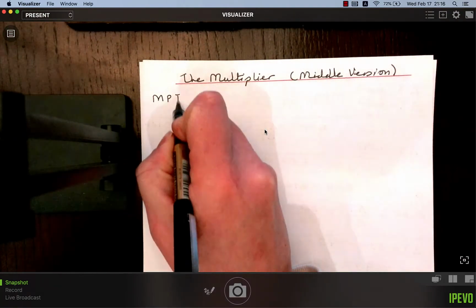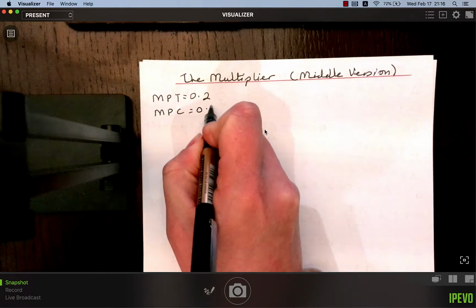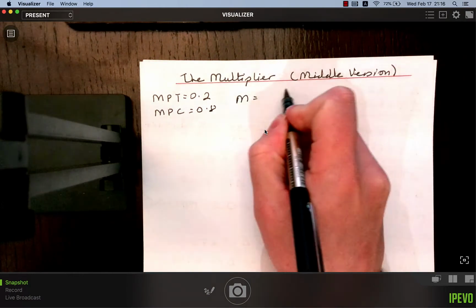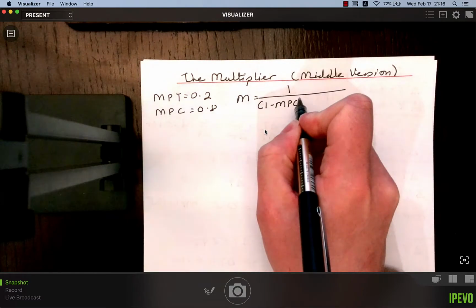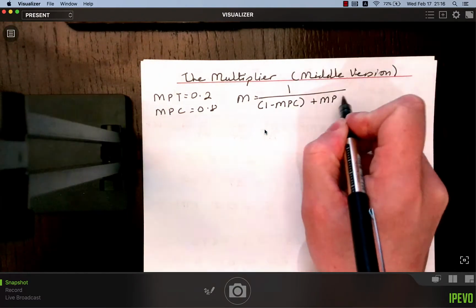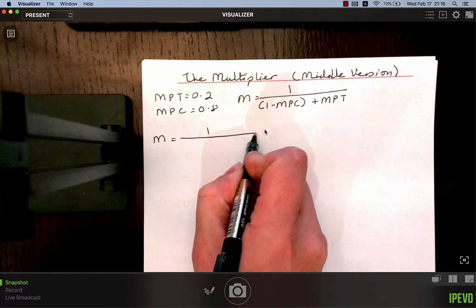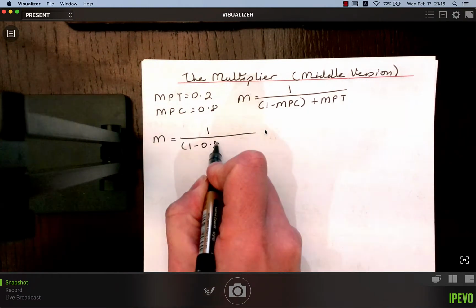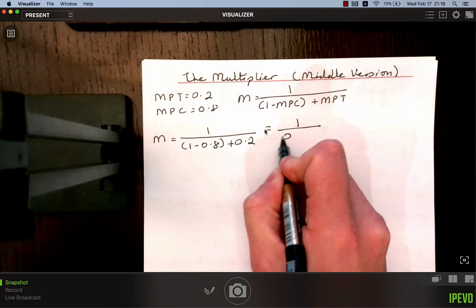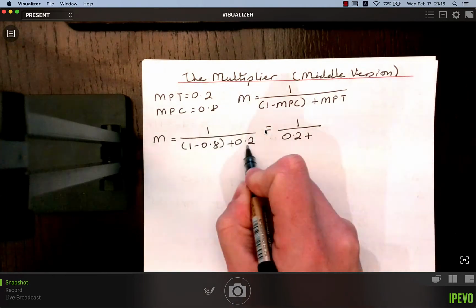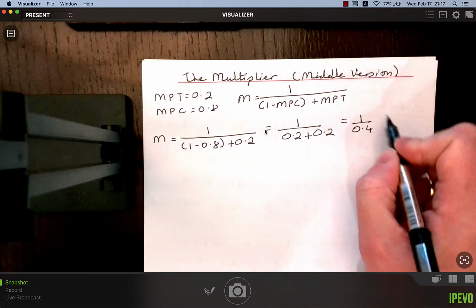So the first one here, MPT equals 0.2, MPC equals 0.8, and the multiplier equals 1 over 1 minus MPC plus MPT. So the multiplier equals 1 over 1 minus 0.8 plus 0.2, equals 1 over 0.2 plus this 0.2, which equals 1 over 0.4, which equals 2.5.